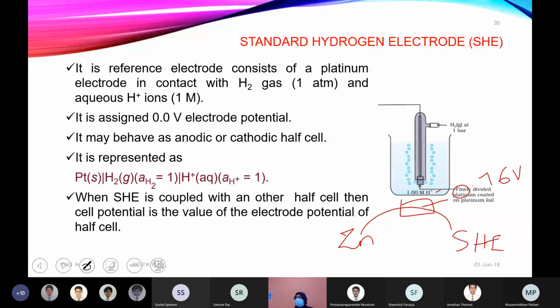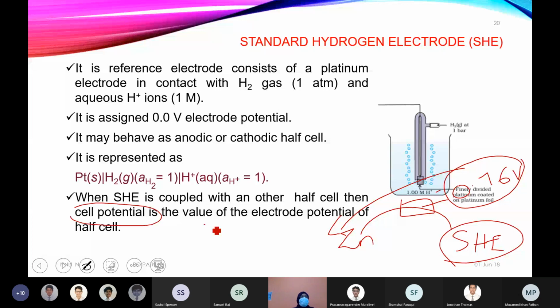So when SHE is connected with any other half cell, the cell potential shown will be the electrode potential of that half cell. Here the voltmeter showing negative 0.76 volt is the potential of the zinc electrode or zinc half cell.